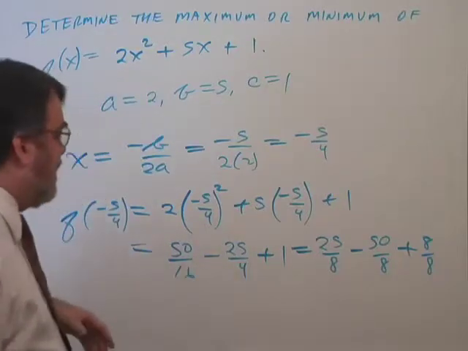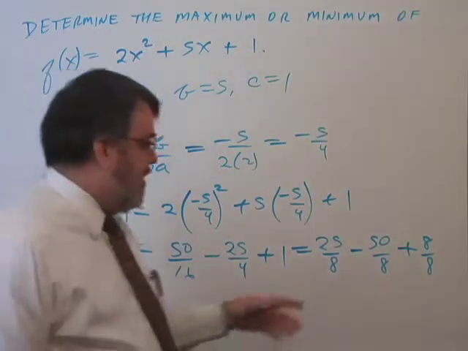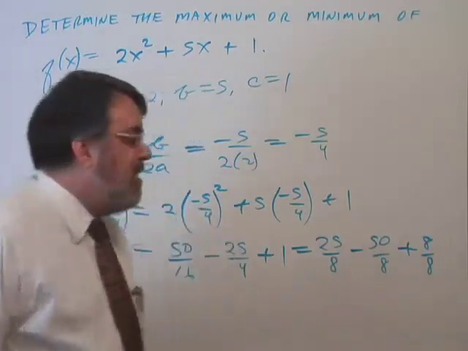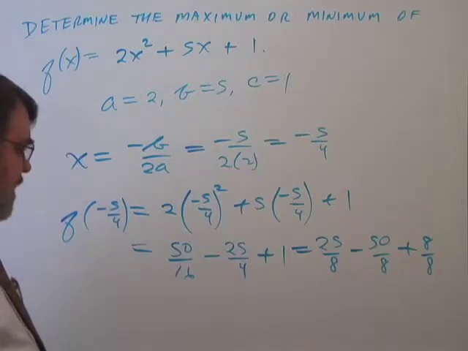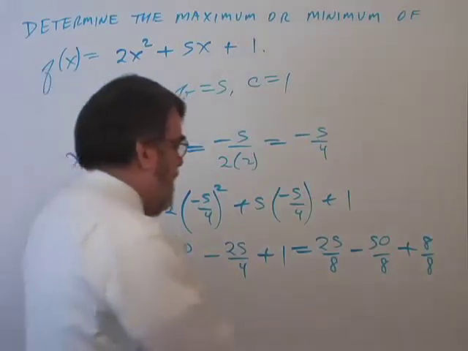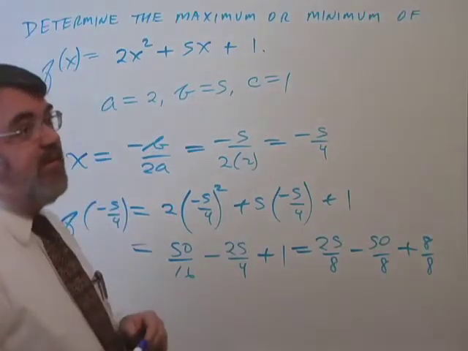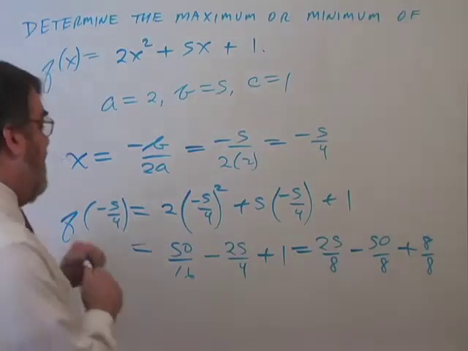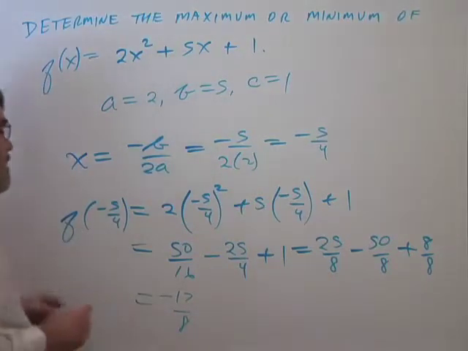I've never really explored it much, but it seems to crop up a lot. It turns out that one of these is always half of the other at the vertex only. Well, anyway, let's move on. So 25 plus 8 is 33. 33 minus 50 is negative 17. So this is equal to negative 17/8.